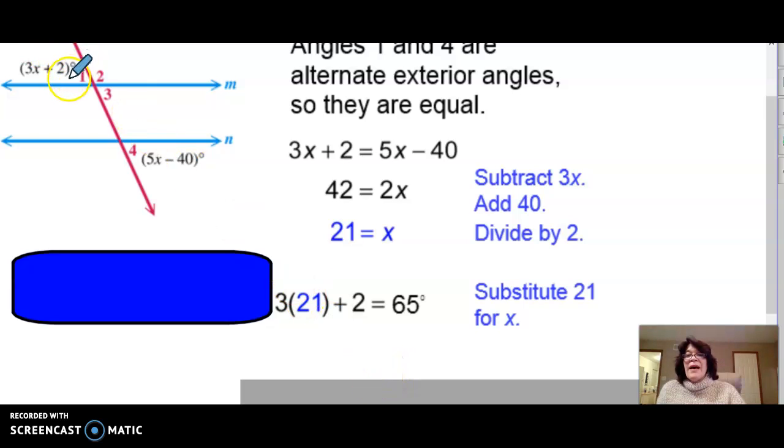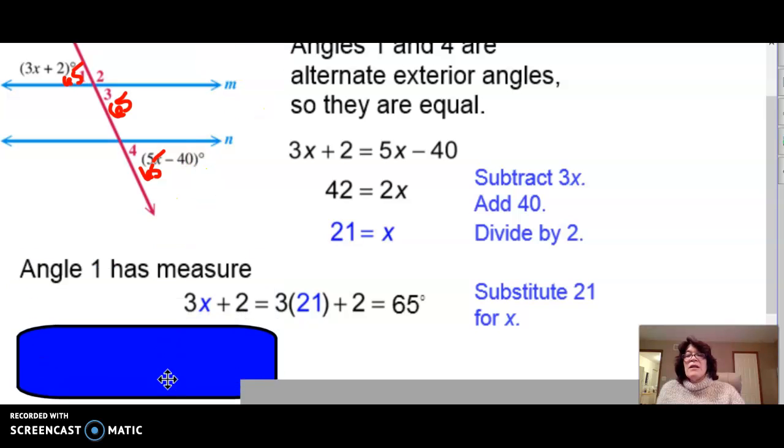As soon as I get that, I'm ready to go. I know angle 1 is 65, so therefore angle 4 is 65. I know that these are vertical angles, aren't they? So 3 has to be 65. I also know that these have to add to 180 degrees.